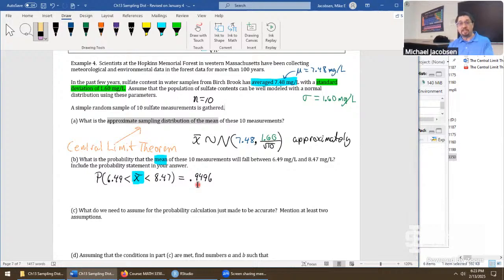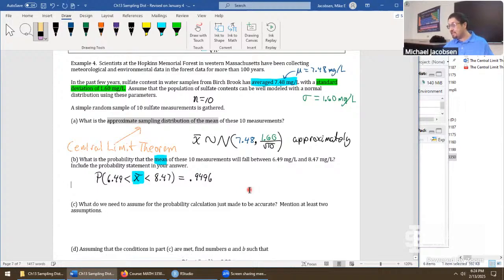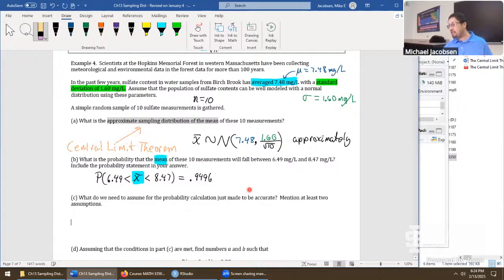Again, there's a 5% chance, 1 in 20, X bar is away from these values. But now that they have this set of expectations, if X bar came out at, say, like 20 milligrams per liter instead of 8.47, that would be so wildly off with what we're seeing here. Something is potentially wrong with either the sample, the parameters, or maybe something else could go wrong. So that's what part C is all about.